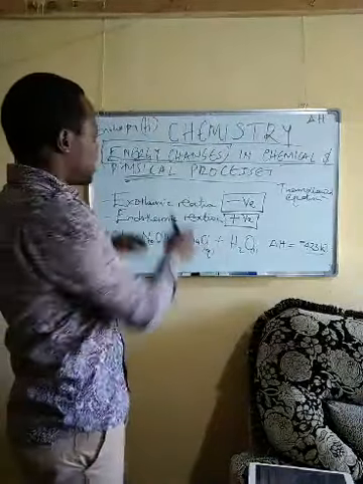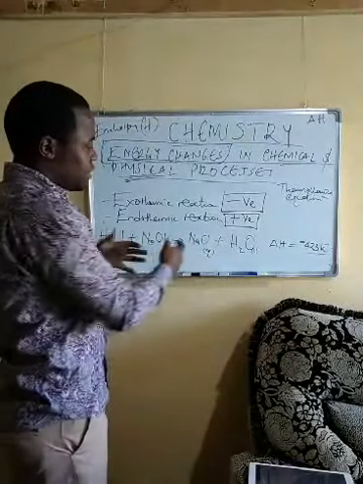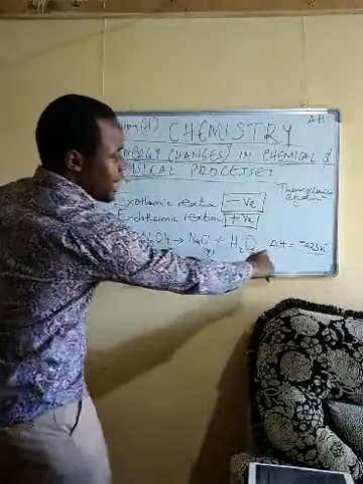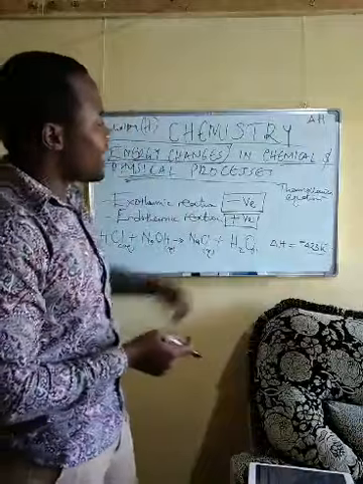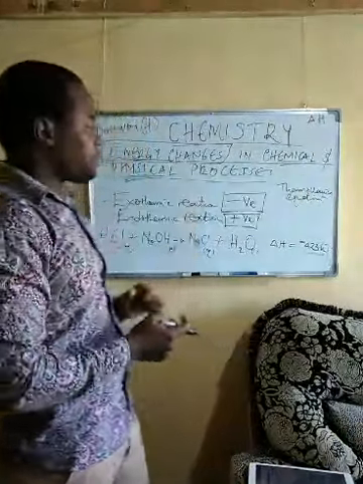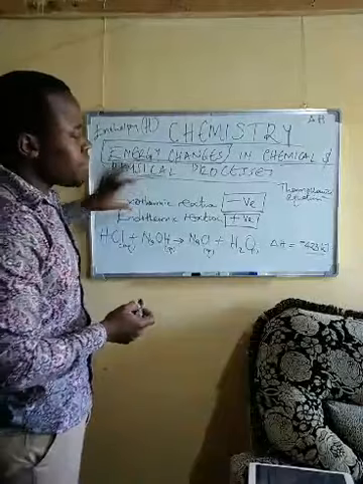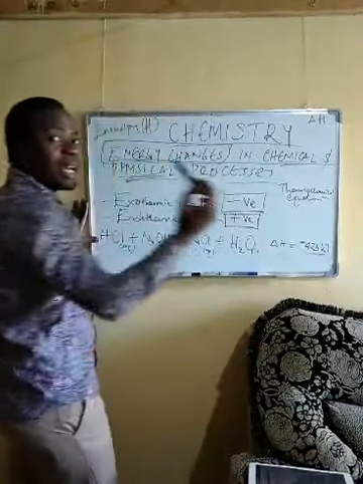Of course, if it's a physical process, then it will be showing the physical changes. So an equation showing the changes, and then alongside we have the enthalpy change, is known as a thermochemical equation.